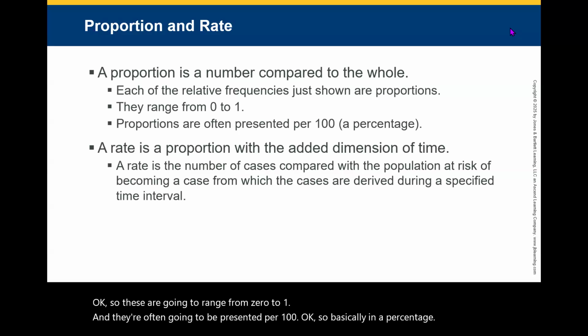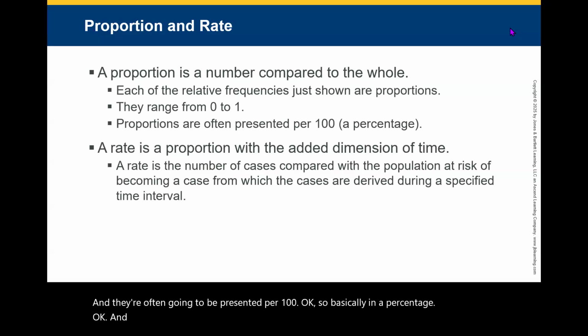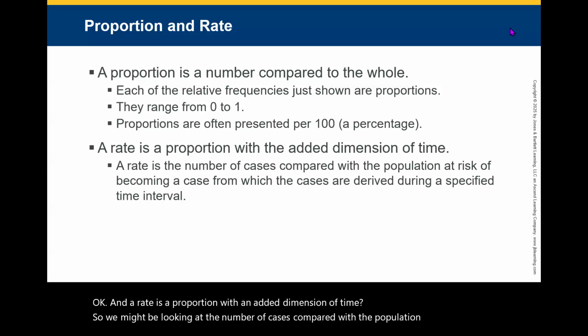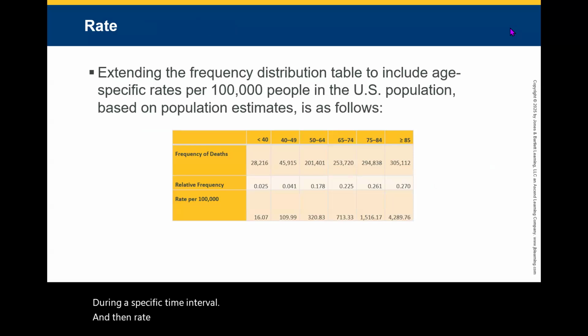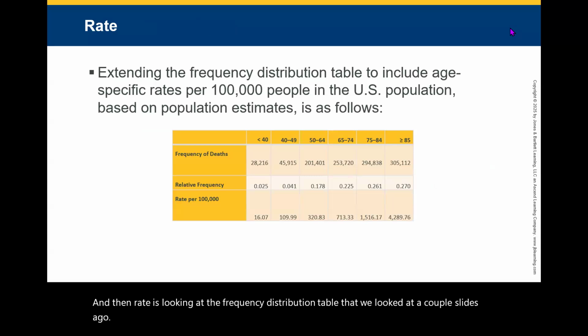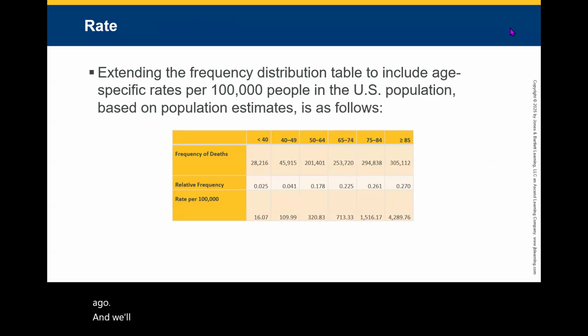Okay, and a rate is a proportion with an added dimension of time. So we might be looking at the number of cases compared with the population at risk during a specific time interval. And then rate is looking at the frequency distribution table that we looked at a couple slides ago. And we'll include those specific rates per 100,000 people, okay?